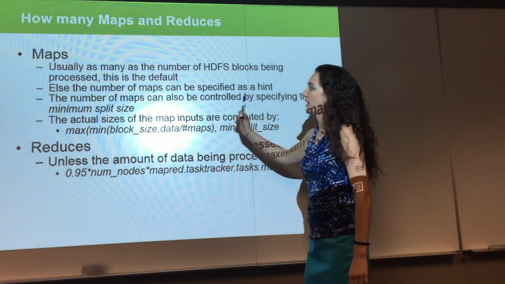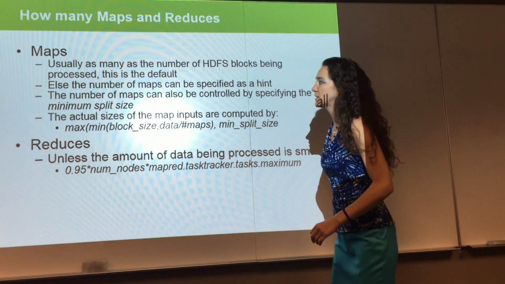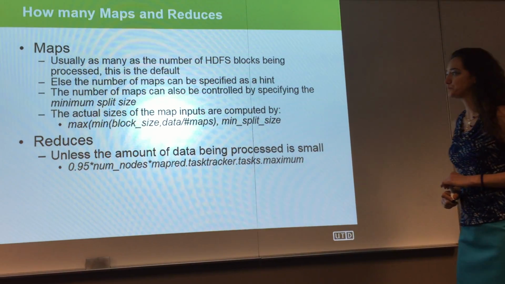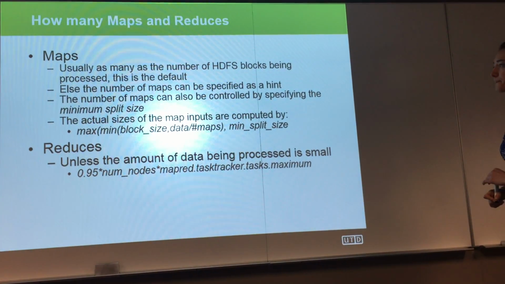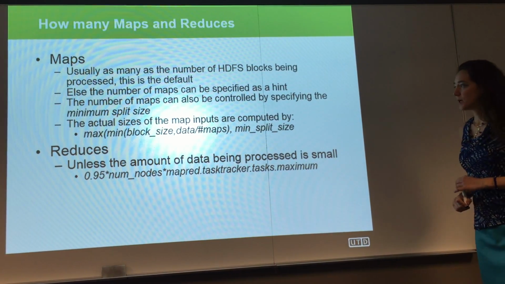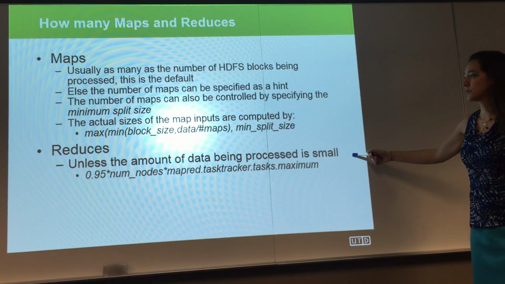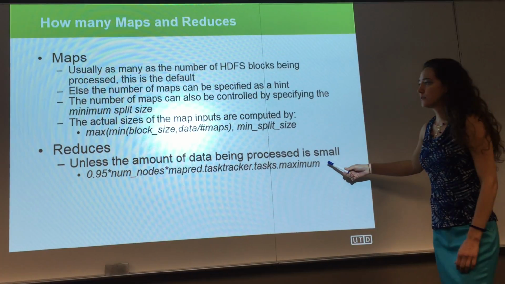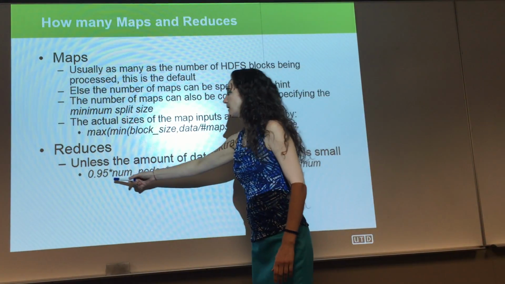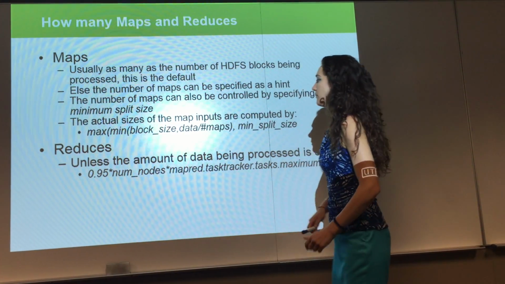We can control that through this minimum split size for the mappers. Unless the amount of data being processed is small, the number of reducers is 0.95 times the number of nodes.